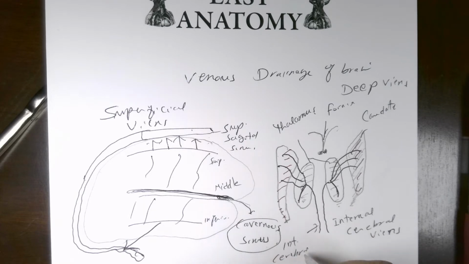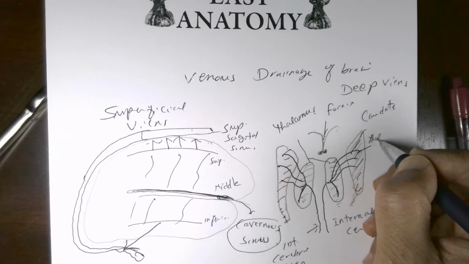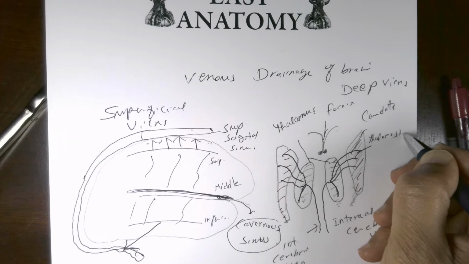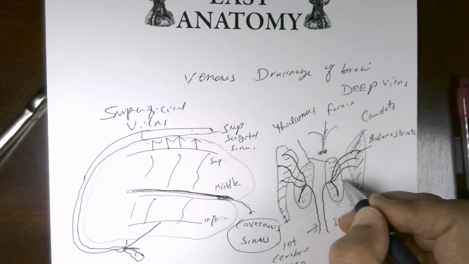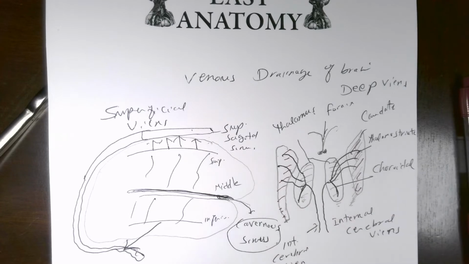So the internal cerebral vein is made by the thalamostriate vein and choroidal vein.